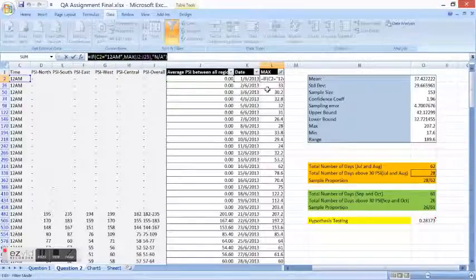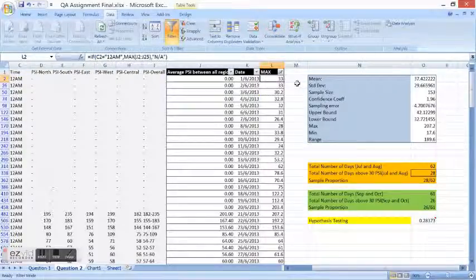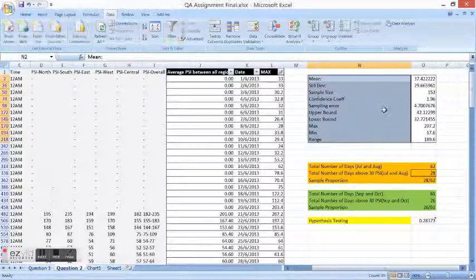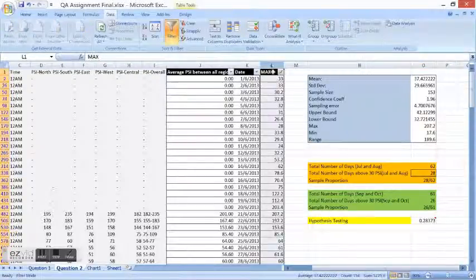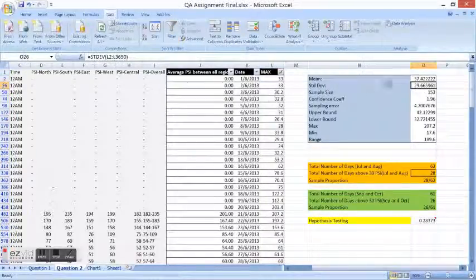From this maximum, I find the requirements needed to find the confidence interval: the mean, standard deviation, sample size, and all this information. The mean is the average of all the maximums, and I just use the functions given.